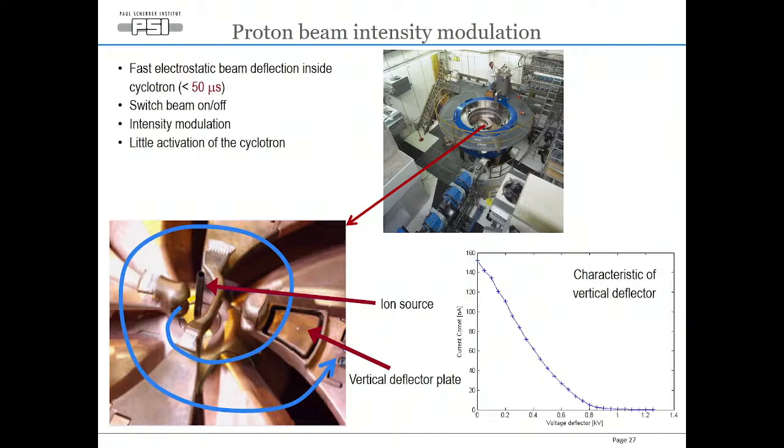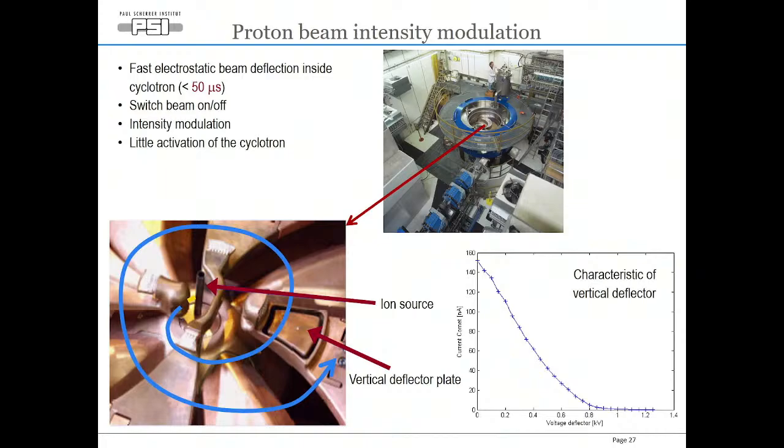There we can apply high voltage, 1 kilovolt. And if you apply high positive voltage here, the protons are stopped because they see the positive voltage, they don't continue. Now, high voltage is something you can regulate very quickly. So this is a way where you can change the intensity of the proton beam quickly.